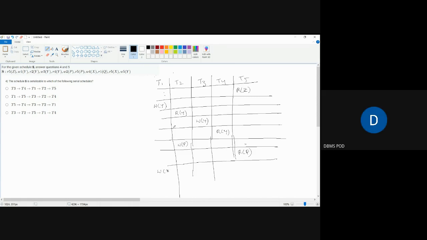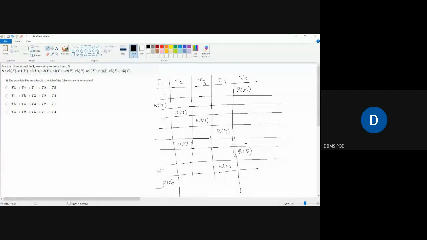Sorry, write X in T4. Then read Q in T1, then read X in T5.